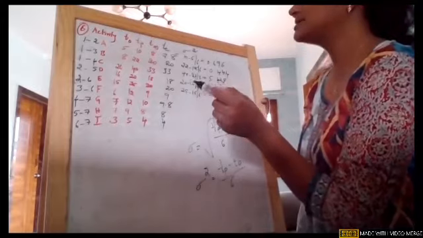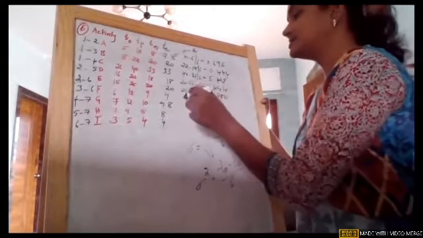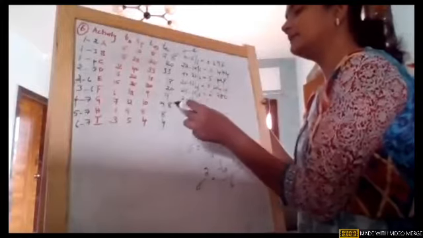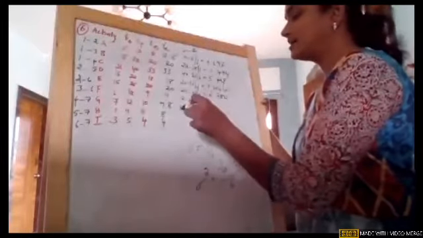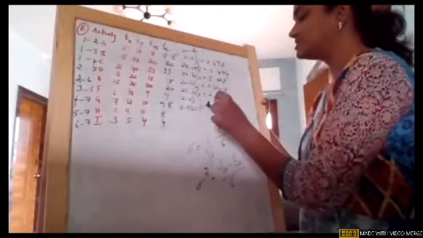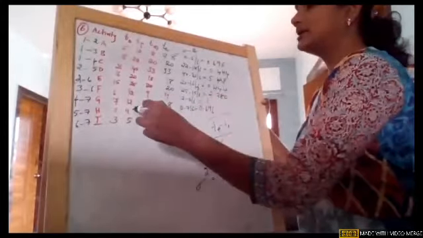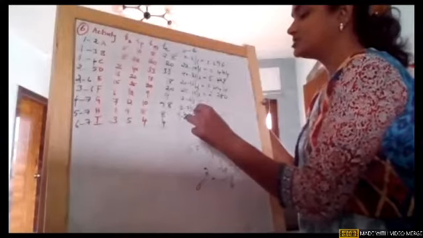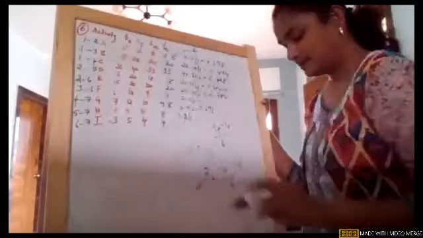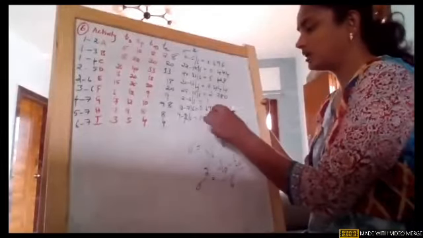Then 12 minus 6 divided by 6, which is 6 by 6, 1. Then 12 minus 7 by 6, which is 5 by 6, which we already have, 0.696. Then 9 minus 7 by 6, which is 2 by 6, 0.111.